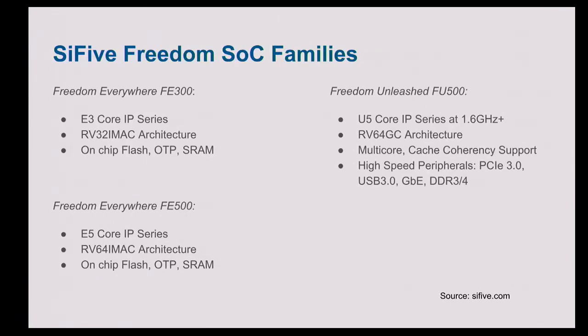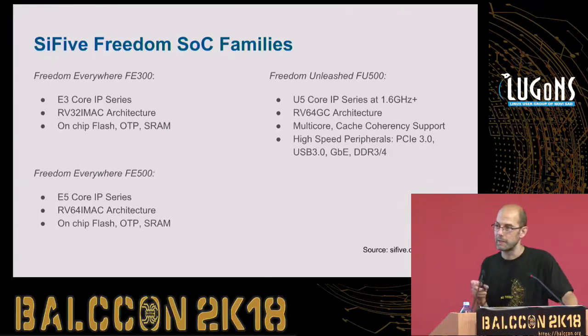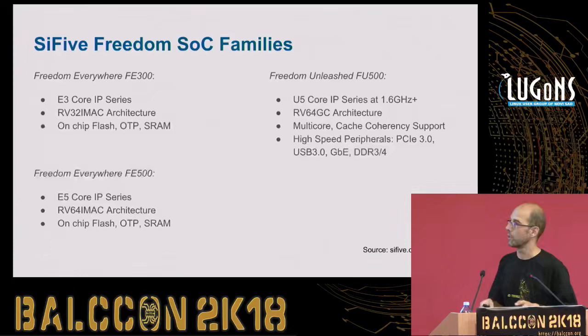So there are several SoC families based on these cores, because today people are not interested in single processors, less and less. Main market is for the SoC, system on chip, right?